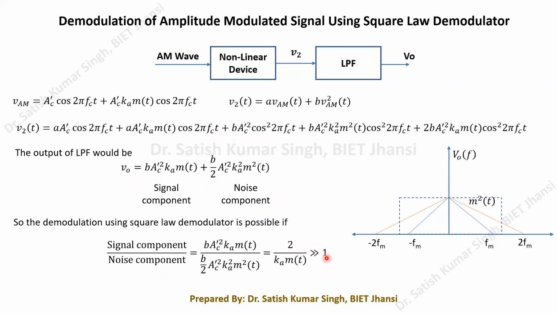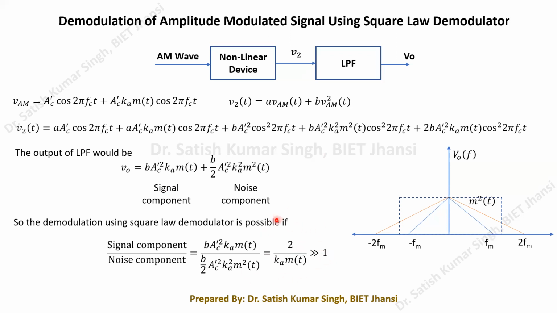This is a very important condition in which we are using the square law demodulator. Okay, so once we have done the square law modulation, it is not necessary that we have to go for the square law demodulation only. I'm just telling you one of the methods of demodulation of the AM signal using the square law demodulator. But we have to follow this certain condition.